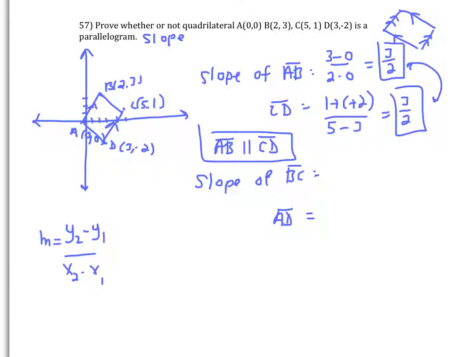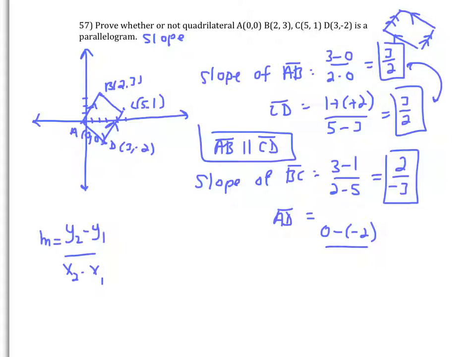Okay, continue by finding the slope for line segment BC. So let's do 3 minus 1 divided by 2 minus 5. 3 minus 1 is 2. 2 minus 5 is negative 3. Okay, and let's compare that to the slope of line segment AD. So it'd be 0 minus a negative 2 divided by 0 minus 3.